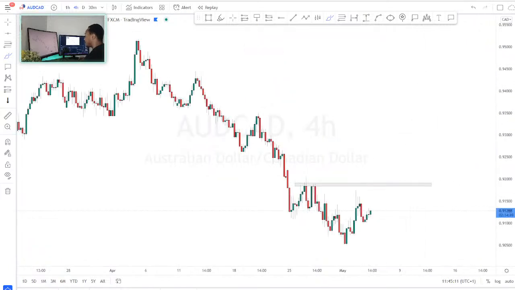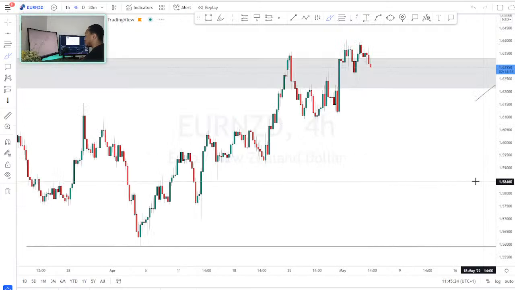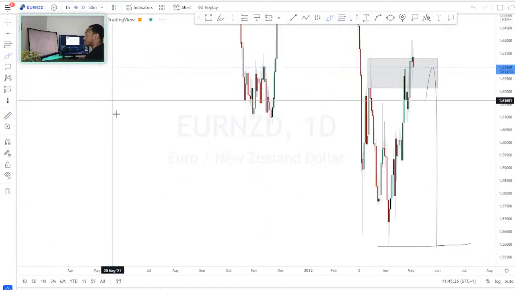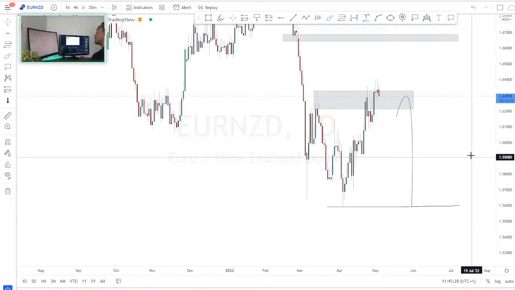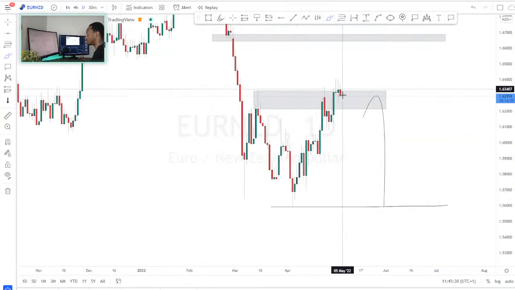AUD CAD, I want price to come a little bit higher there as well. Those are the main pairs I'm focusing on. Other than that, not really too much. I also have USD in the back of my head, but I want this one to give me some strong momentum on the daily first before I entertain any sales.